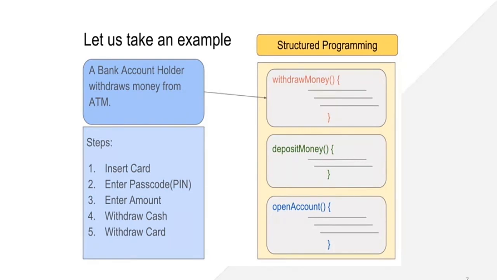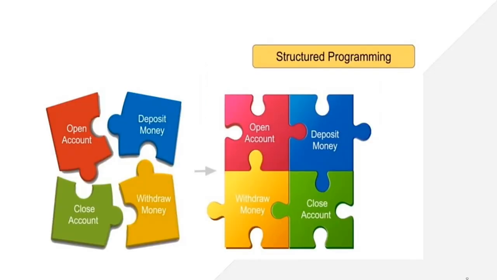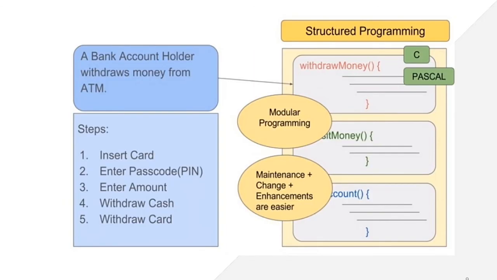Now, one more thing I need to tell you. In a structured programming language, everything is balanced like this. This is your unstructured programming language, but here comes structured programming. Clear? Structure and non-structure, I think everybody is clear with this. So in C and Pascal, we have created modules.